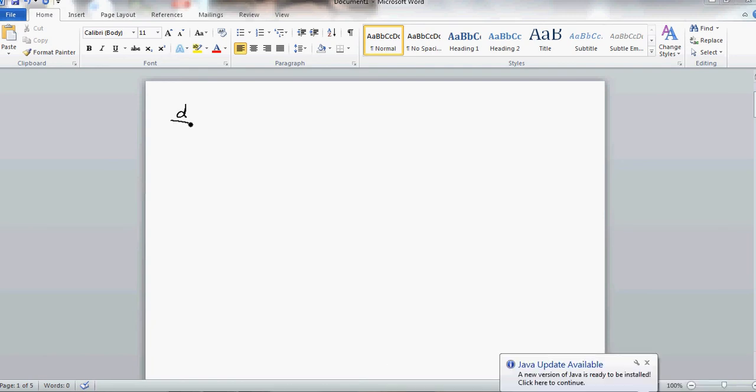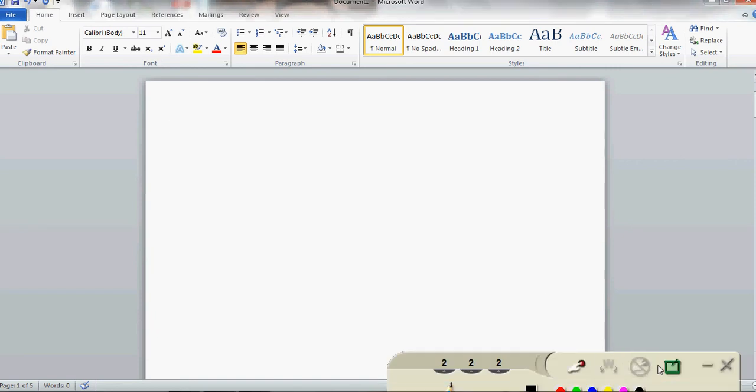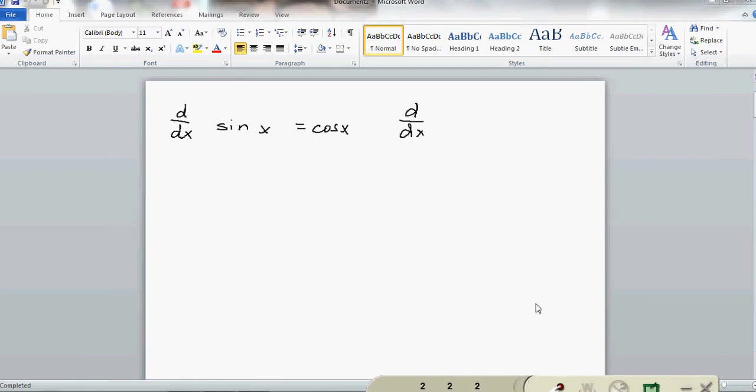So as part of notes, we're just going to be taking derivatives. The derivative of sine is cosine. The derivative of cosine is negative sine of x.